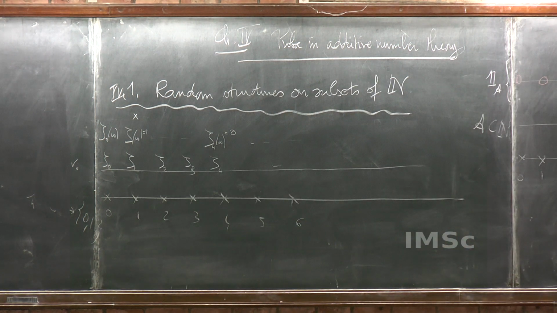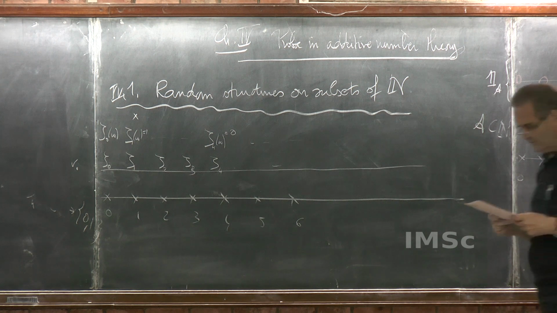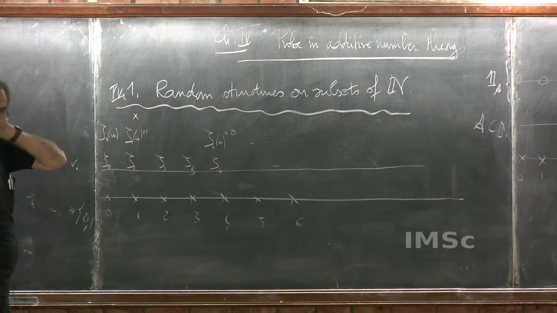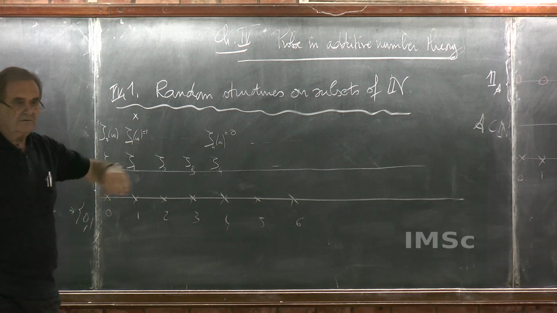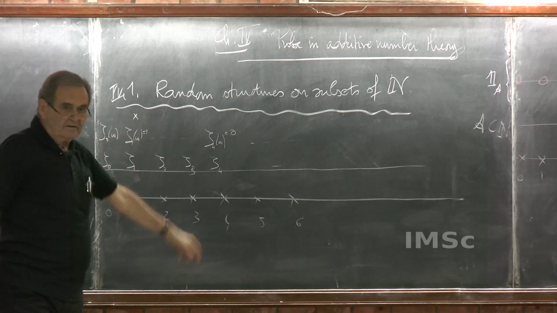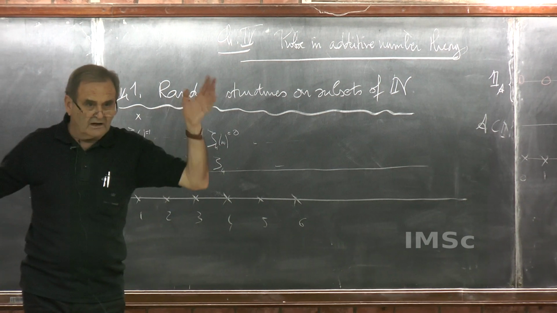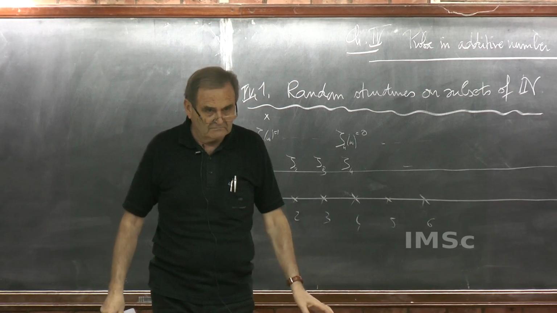So let me now give some sort of definition. First of all, there is an existence theorem: if you want to have this type of random variables which are independent and so on, it is possible to build a large set omega on which it is true.